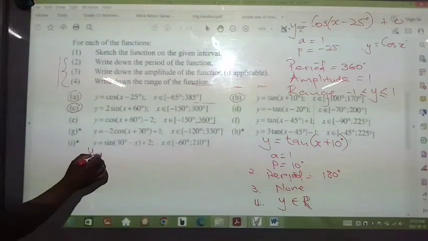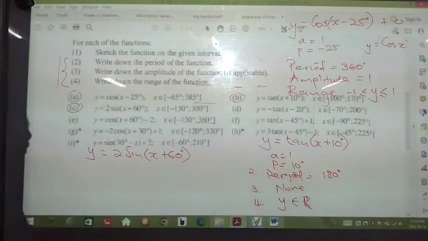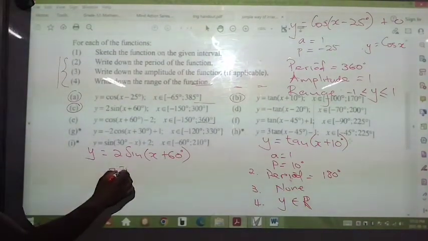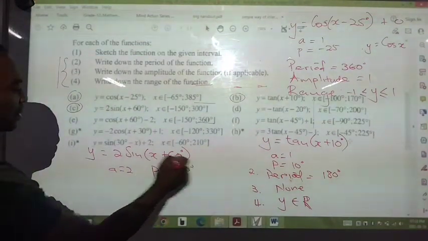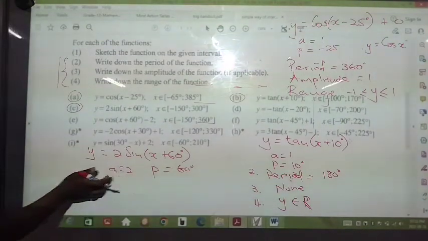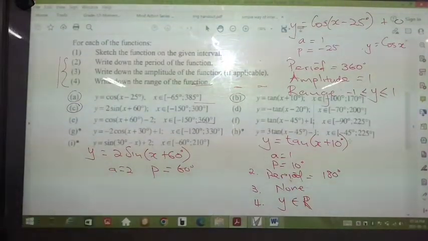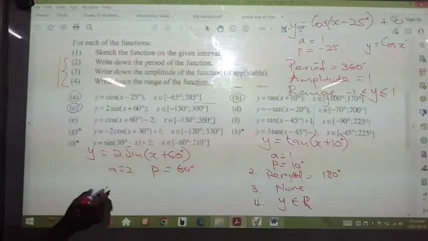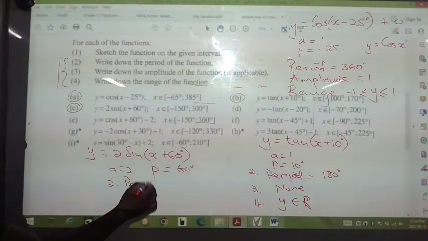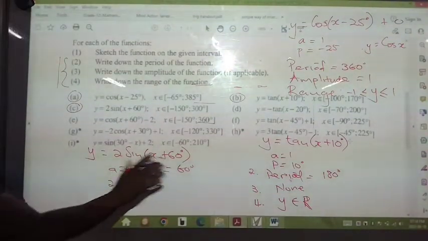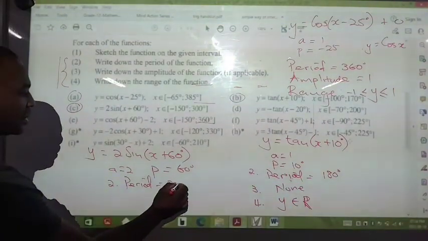Well, let's check C. C is y is equal to 2 sin(x plus 60 degrees). So here, our A is equal to 2, and then our P is equal to 60 degrees. Now that A is not equal to 1, the amplitude has been affected. So in answering the questions, question number 2, the period has not changed because there is no parameter that talks about the change of the period. So the period is still 360 degrees.